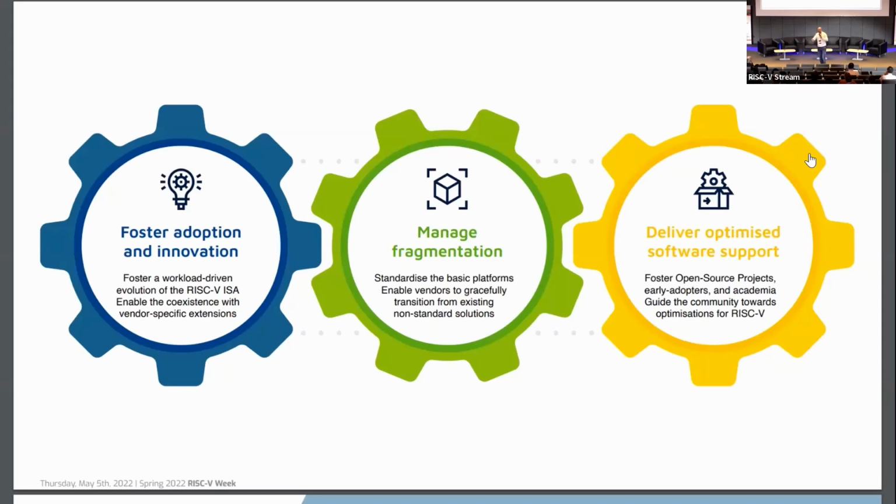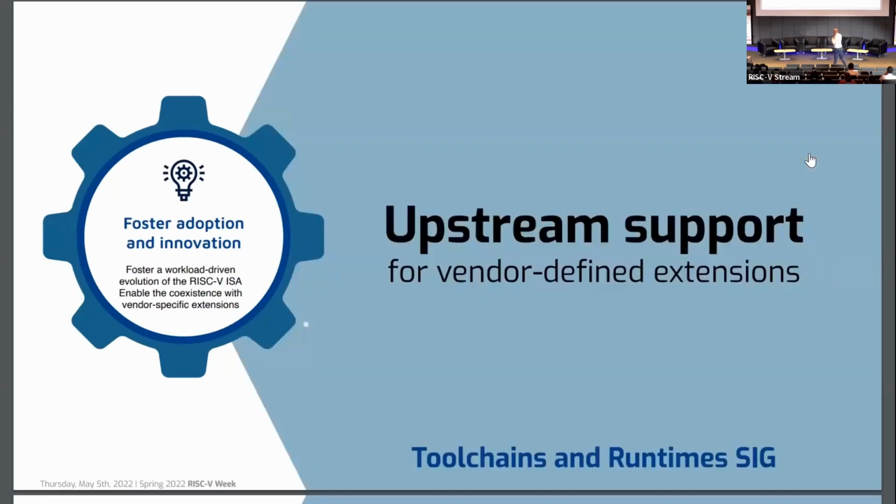And finally, once we've done that, and once people provide new functionality, we can deliver optimized software support. So we've made great strides and great progress on this over the last year. I'll try to be a bit of a cheerleader for RISC-V. Usually, I'm a little bit glass half full, but actually it's about time to say we've done great.